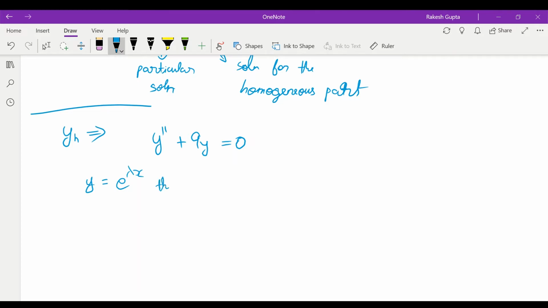Therefore, when we differentiate y with respect to x, we get y dash equal to lambda e power lambda x, and y double dash is equal to lambda square e power lambda x.